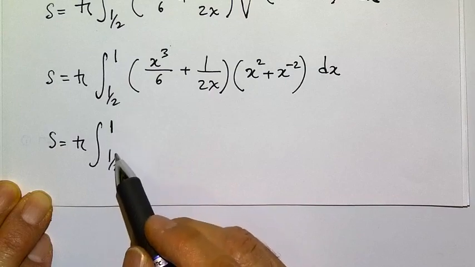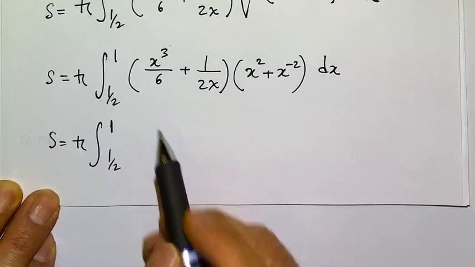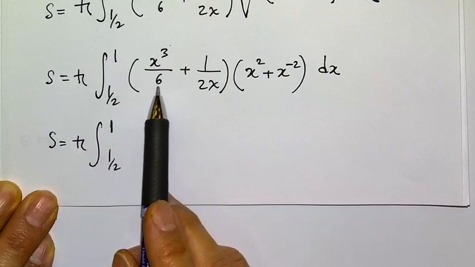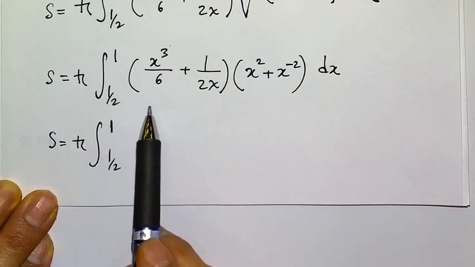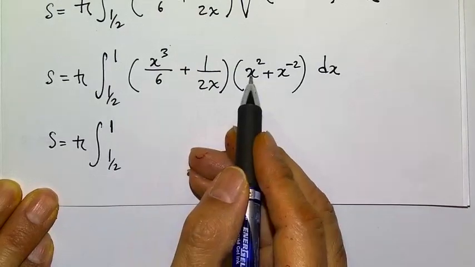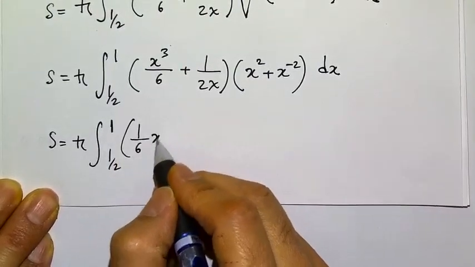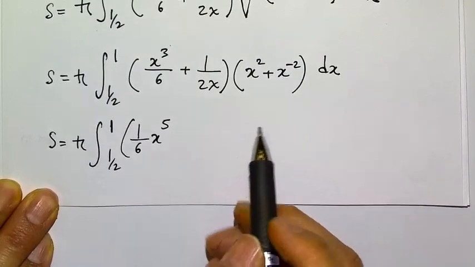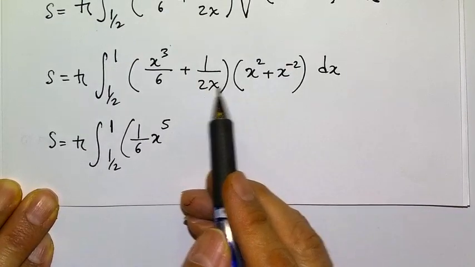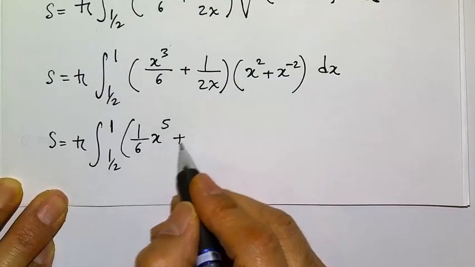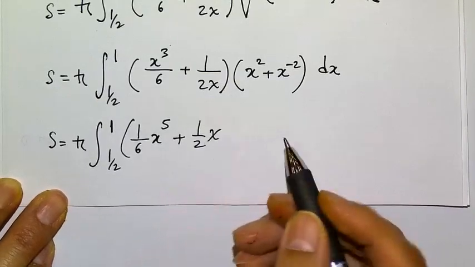So we have, let's see, 1/6. Okay, so if we distribute this x squared into this, we will get 1/6 times x to the 5th power. Distribute this into this, the 6 with 1 of that will cancel out. We will end up with plus 1/2 x.